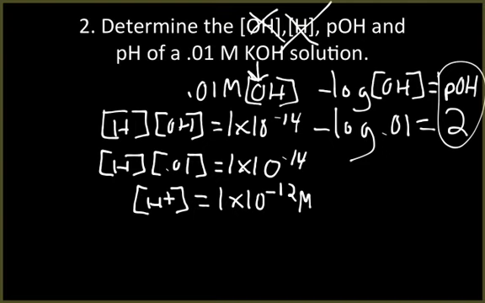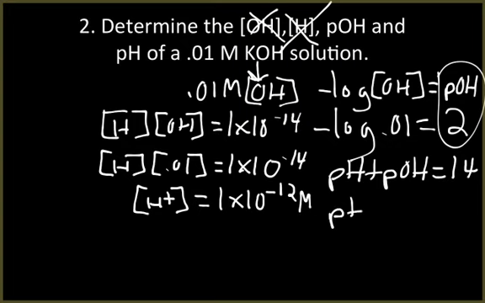Now let's look at our pH. You can do this one of two ways. You can take the negative log of the H plus concentration, or if you remember, pH plus pOH equals 14. My pOH is 2, so pH plus 2 equals 14, and my pH will equal 12.